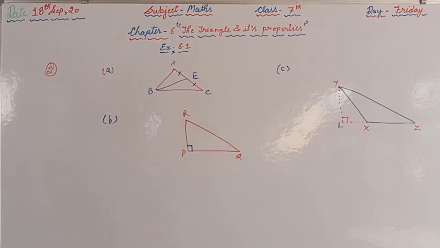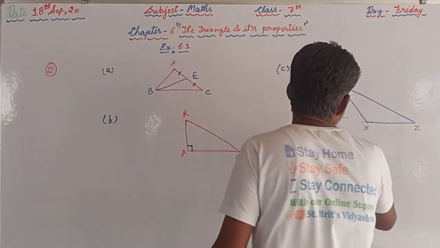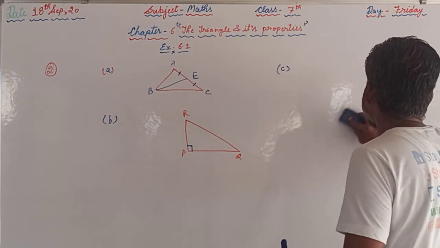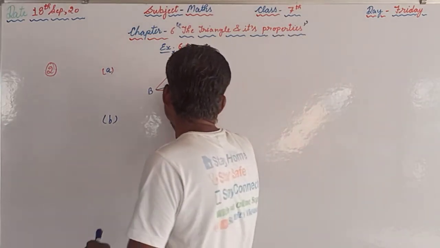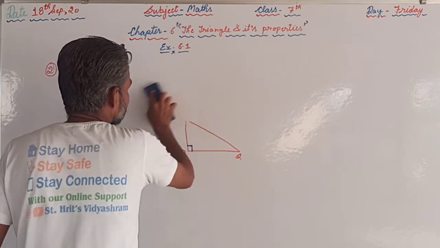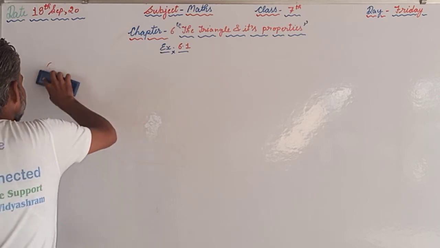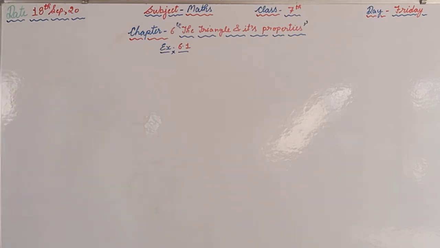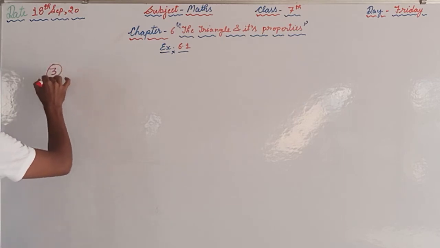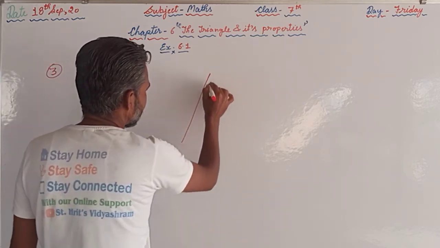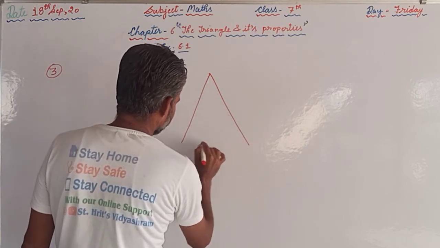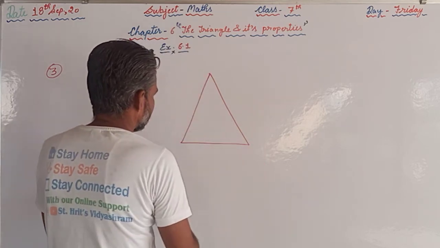Now question number 3, verify by drawing diagram if the median and altitude of an isosceles triangle can be same. We are supposed to draw an isosceles triangle ABC.